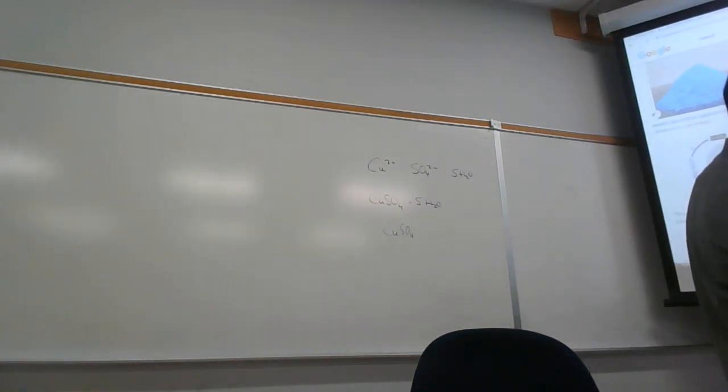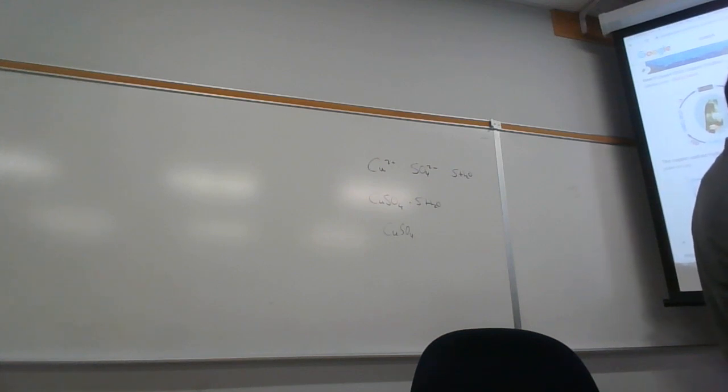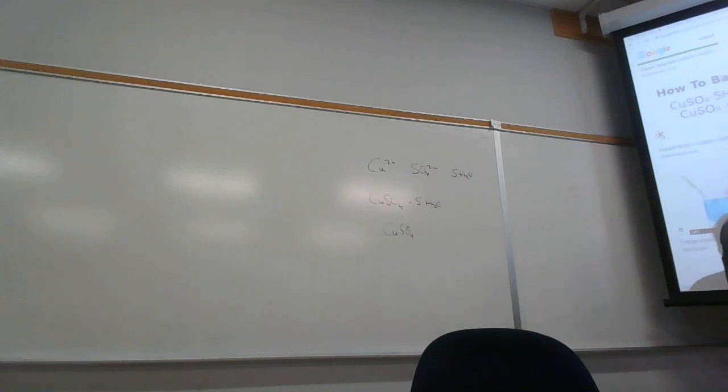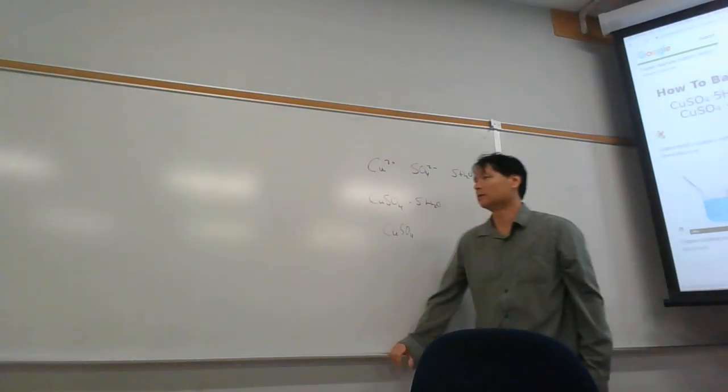Where do the waters go? Waters are stuck in there, in the crystal structure. So this would be the crystal structure, the ionic lattice, and water would be stuck in here. You don't have to worry about that.